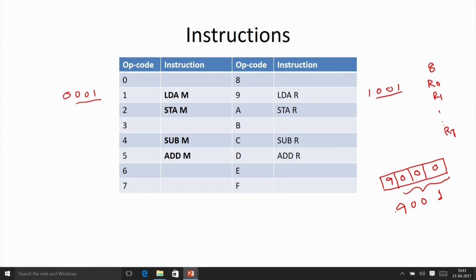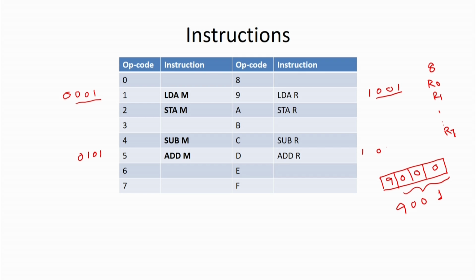Now, if I write 5, which is 0101, and when I refer to a register it is 1101. So if my instruction is like that, the opcode is D and say 007. What does it do?